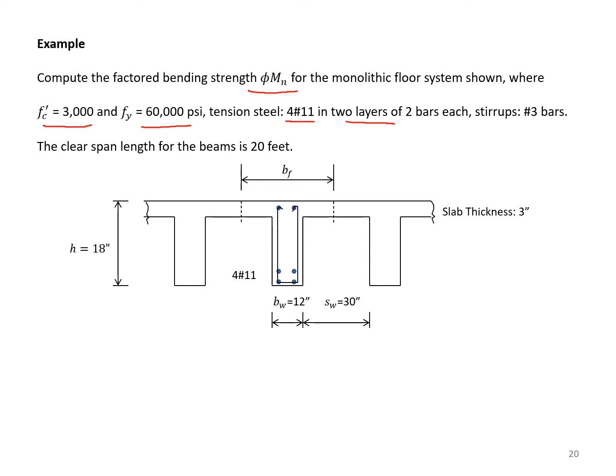We could not put 4 bars in a width of 12 inches, so we put them in 2 layers. Stirrups are number 3 bars. The clear span length for the beam is 20 feet. In other words, Ln, which is in the third direction, is equal to 20 feet.